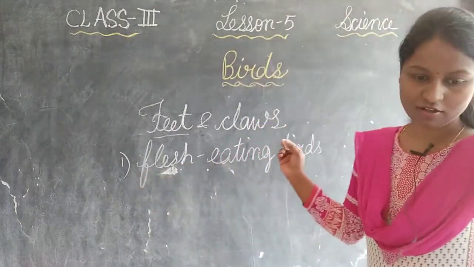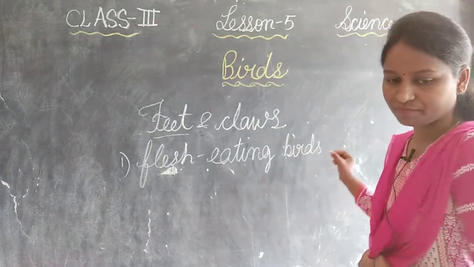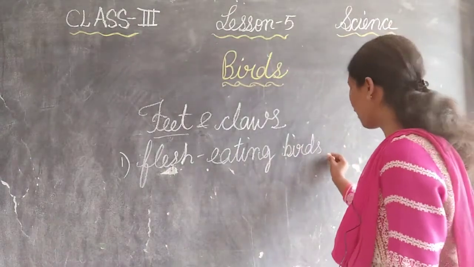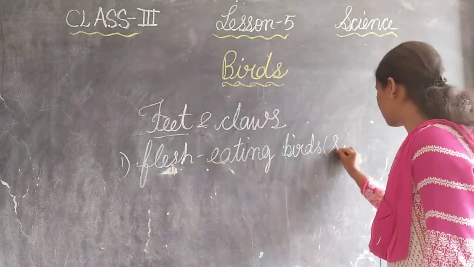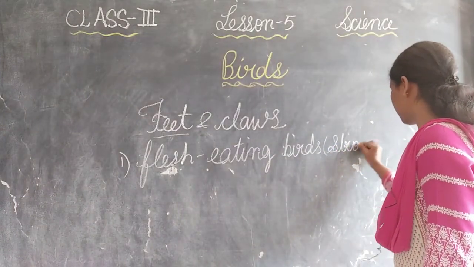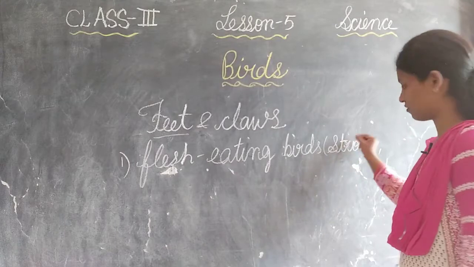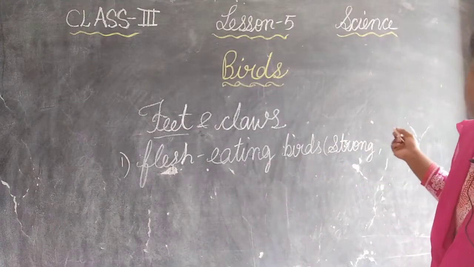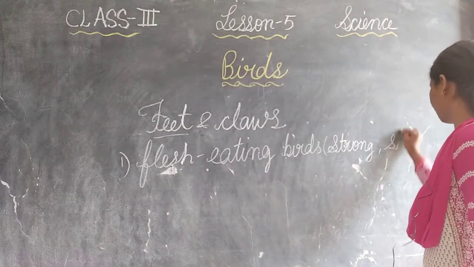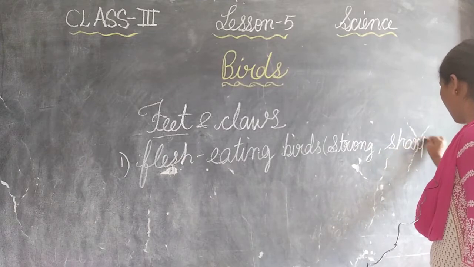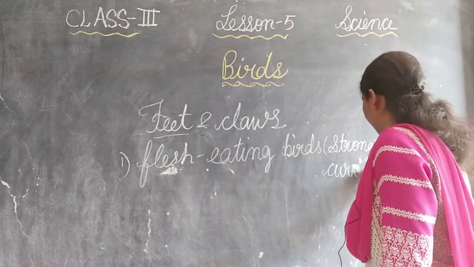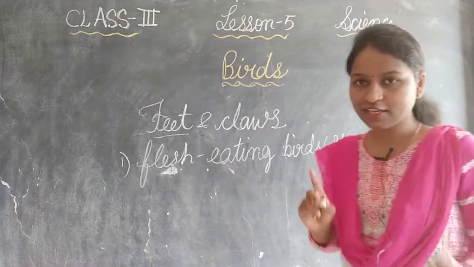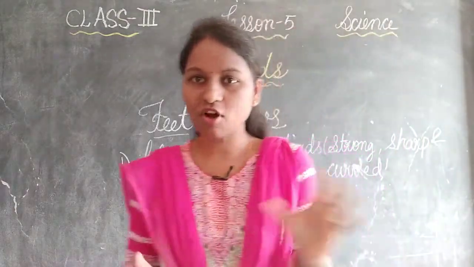How will their claws be, children? The claws are strong, sharp and curved. Strong means not very flexible.